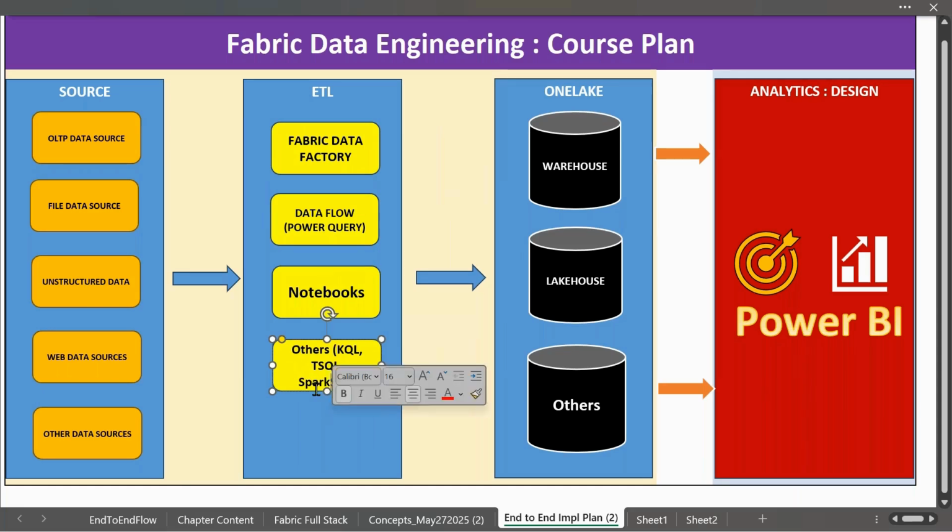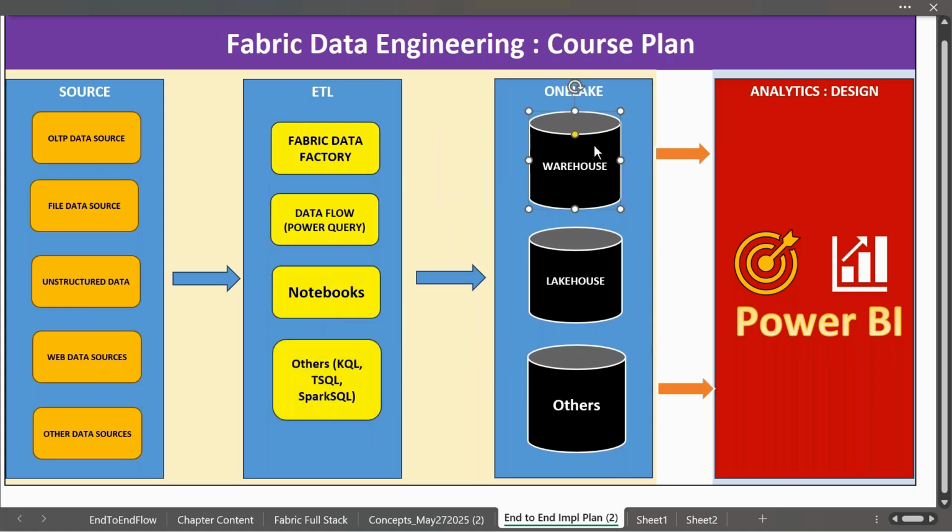Next, coming to the right side, we have warehouse to store only table data, old historical data. Lakehouse to store table plus files both. And we have others like, for example, Stream House to store live IoT data.